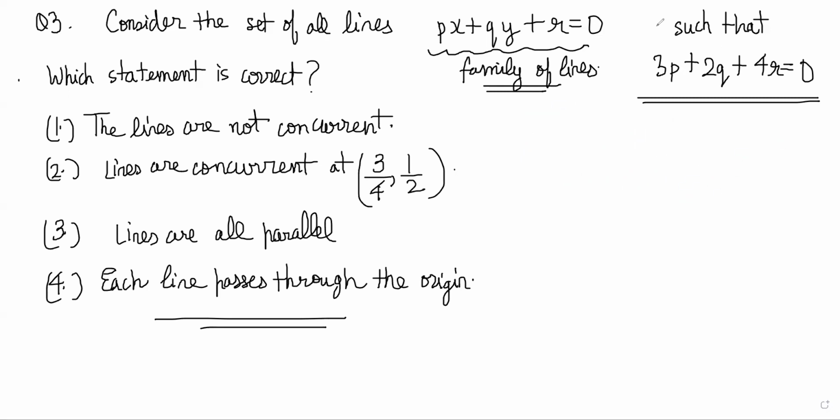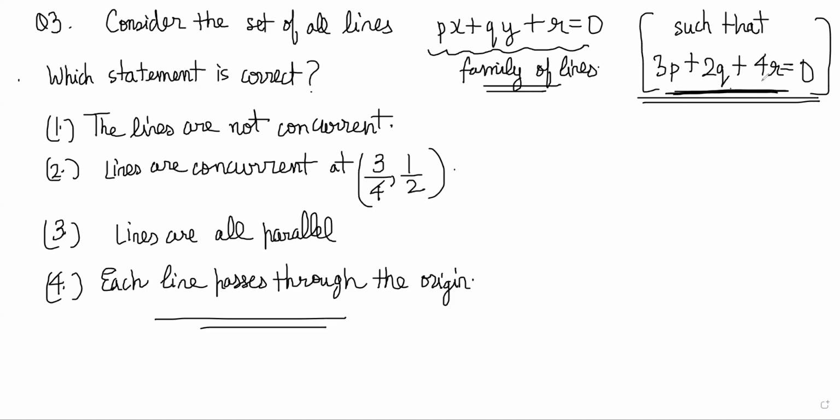However, what has been said is that this condition is always true. 3P plus 2Q plus 4R is always 0. So no matter what happens, P, Q, and R will take values such that 3P plus 2Q plus 4R is 0, right?